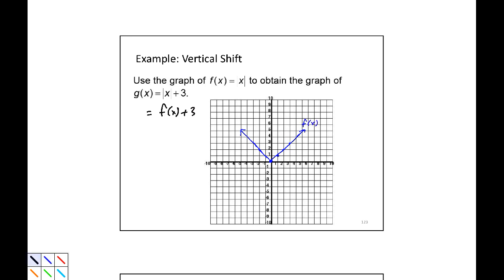Let's take that and shift it up 3. So I have a point here at 3, at 1, 4, at 2, 5, at 3, 6, 4, 7, and so forth. And this is the graph of g of x.